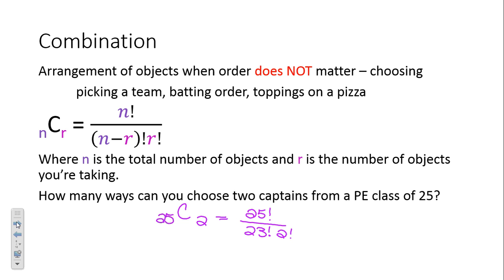So 25 times 24 times 23 factorial over 23 factorial. Those guys are going to cancel. And then I have a 2 times a 1. And 24 divided by 2 reduces to what?